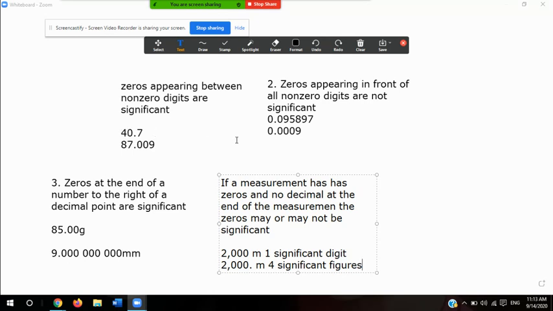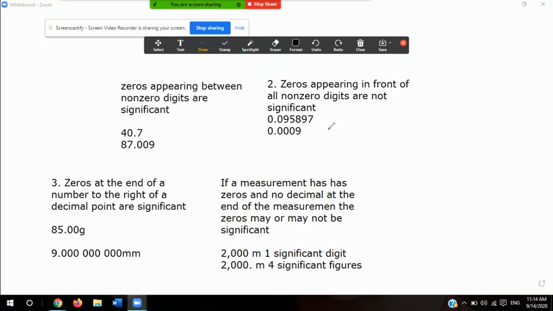The second rule states that zeros appearing in front of all non-zero digits are not significant. So for example, 0.095897, these two zeros here are not significant. We only count from the 95897, and this figure has 5 significant digits.